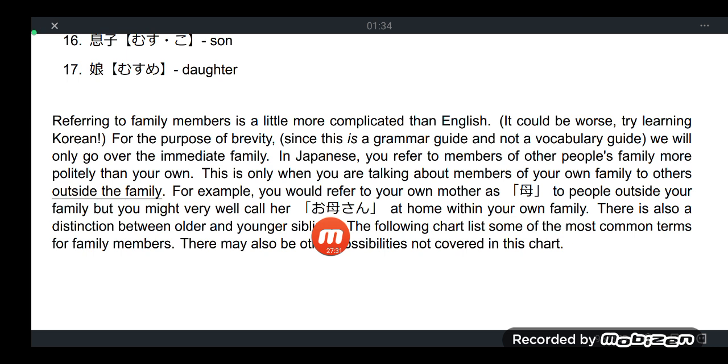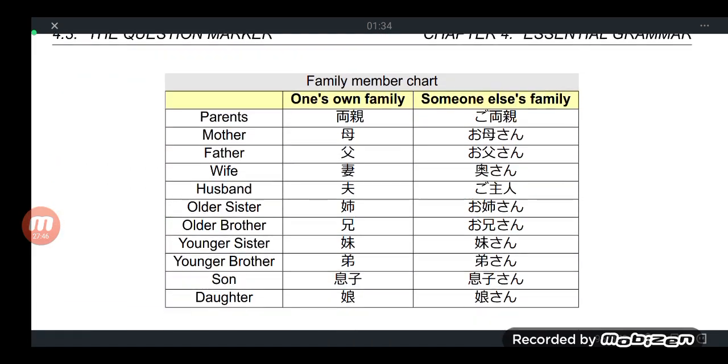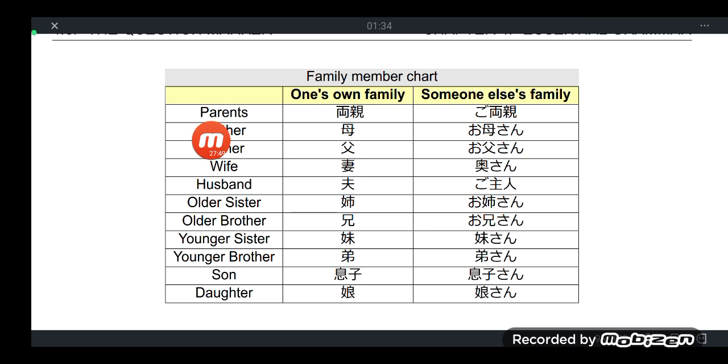You say you want to look for the mother of your friend, okasan wa doko? And then there is also a distinction between older and younger siblings. So there's a chart for this. Okay, please take note, minasan.